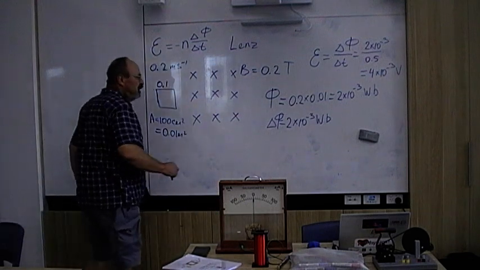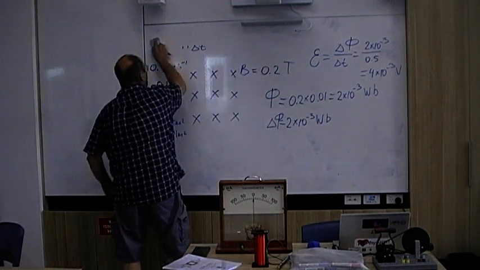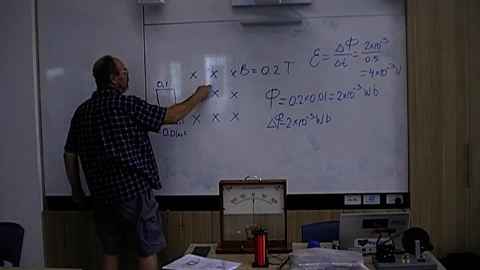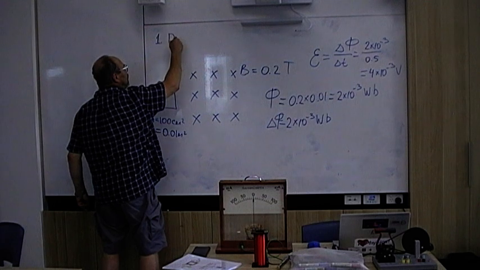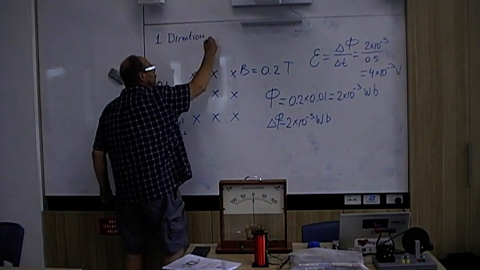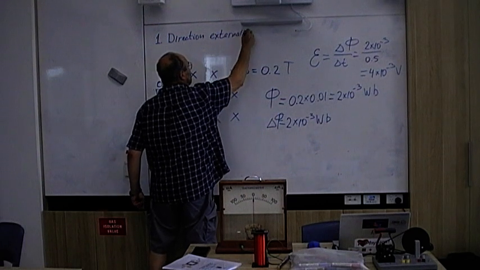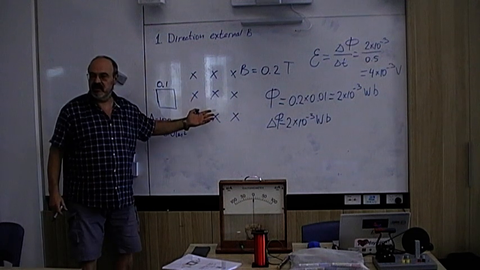Step number one is to identify the direction of the magnetic field, the external magnetic field, external to the coil. In this case, it's given. What is the direction of the external magnetic field?